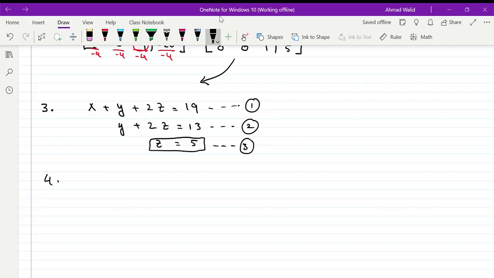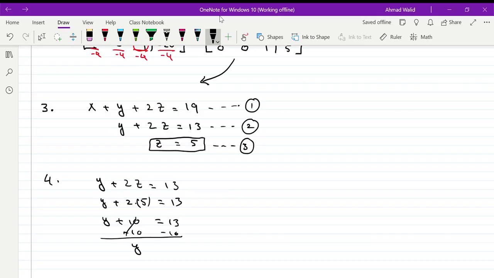Y. You have y plus 2z equals 13. It means y plus 2 times 5 equals 13. It means y plus 10 equals 13, right? Subtract 10 from both sides, then y is equal 3.